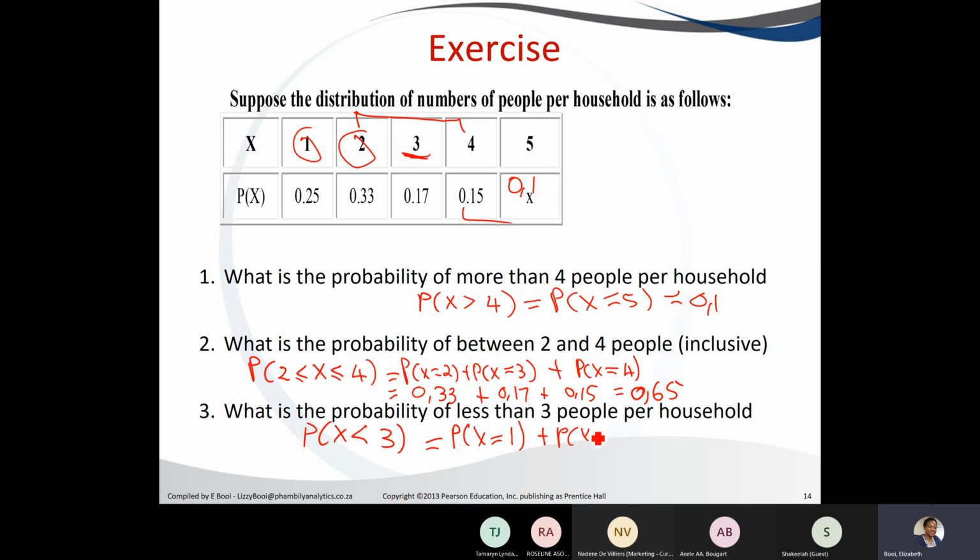That will be the probability that X is equal to 2, which then is 0.25 plus 0.333, which then is 0.58. And that's all what you have. Any questions?